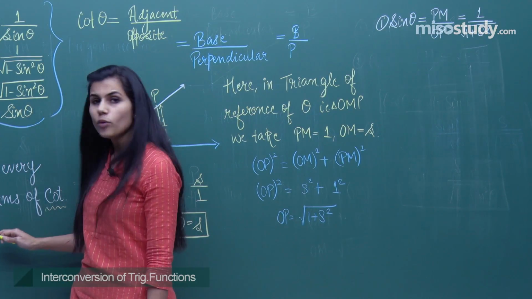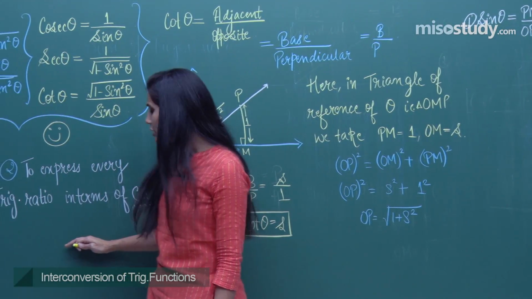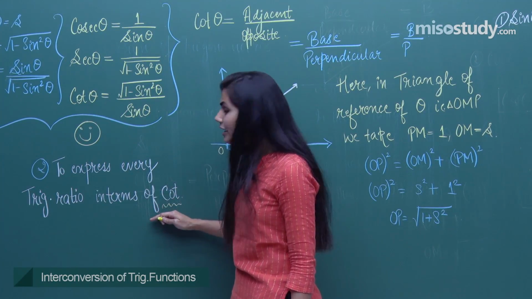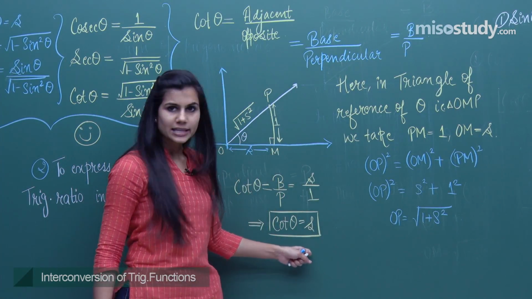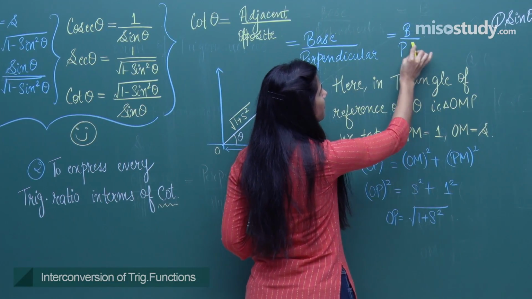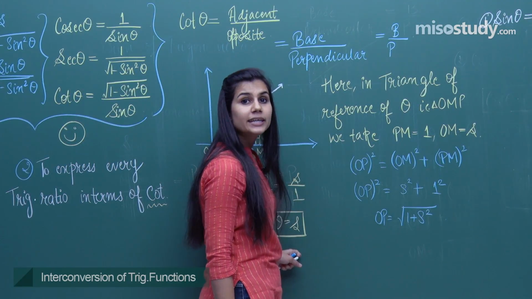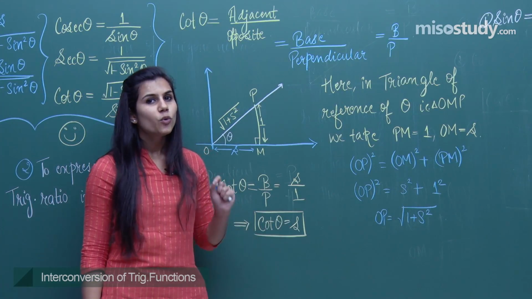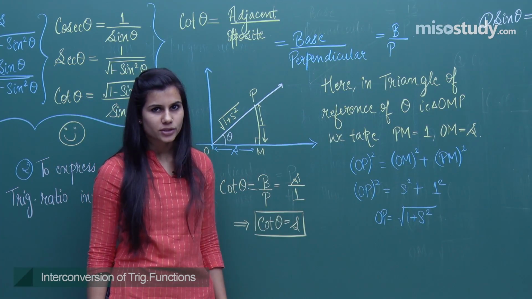Over here, because we wanted to express every trigonometric ratio in terms of cot, the aim became to bring cot to come out to be equal to S. And for that, it was needed to make the P, which is the perpendicular, sitting at the denominator as 1 and B to be equal to S. And then we are going to sail through the entire process.